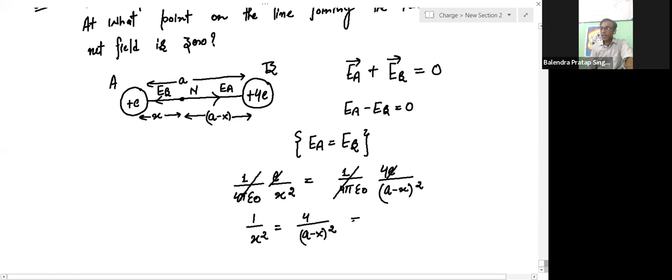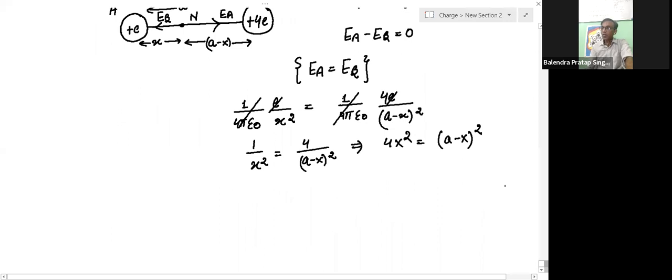From here you get 4x square equals a minus x whole square. If you take the square root on both sides, you will get twice x is equal to a minus x.